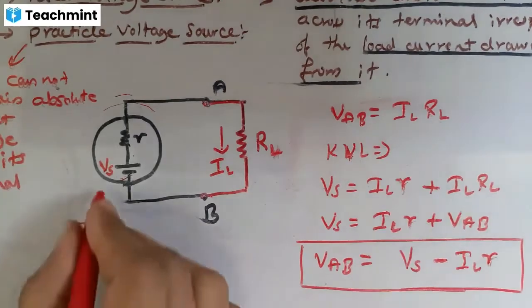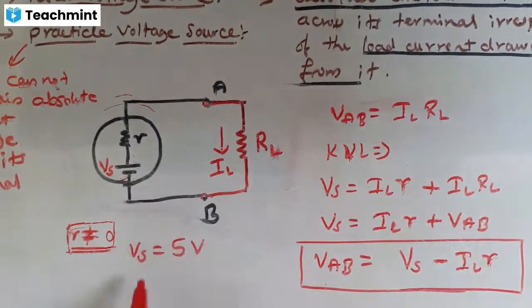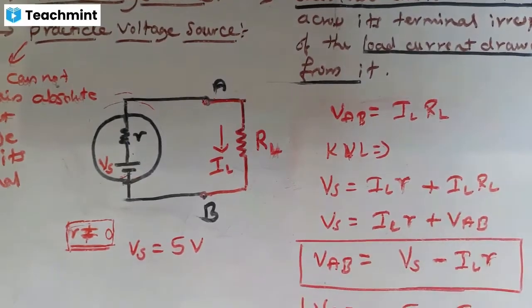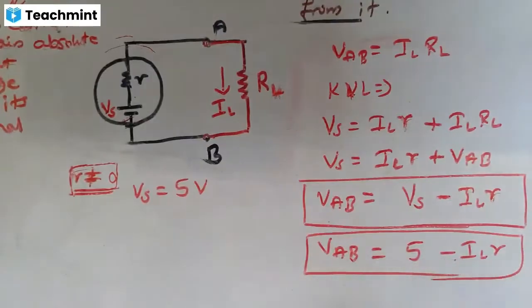Suppose your Vs is 5 volt, as in the last case I took 5 volt. If Vs equals 5 volt, then VAB equals 5 volt minus IL into R.